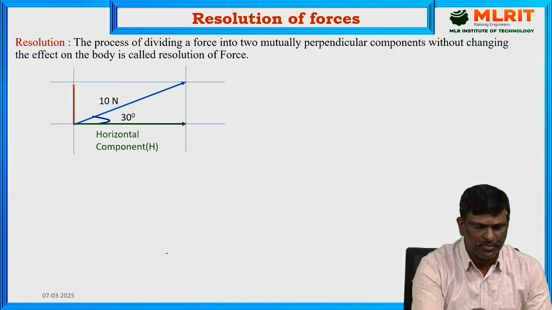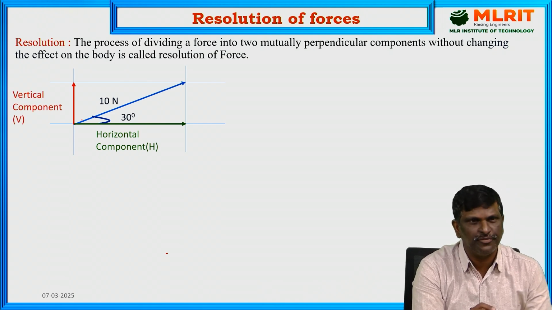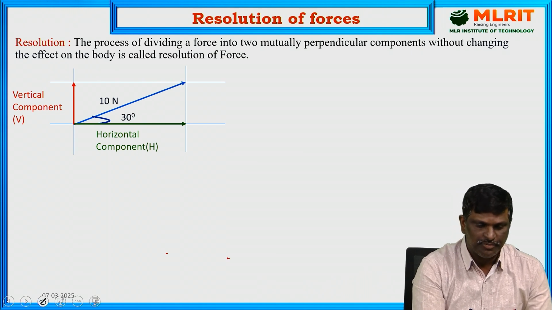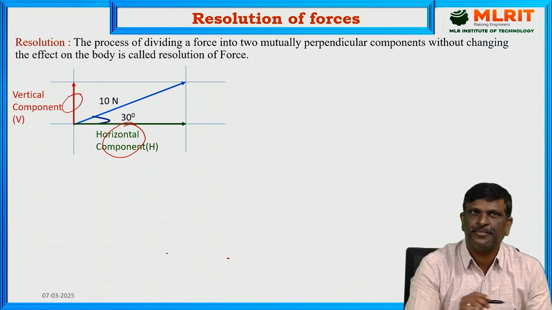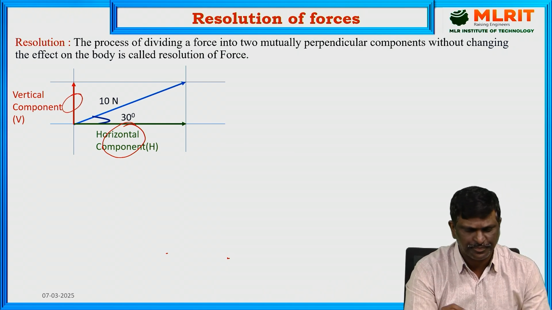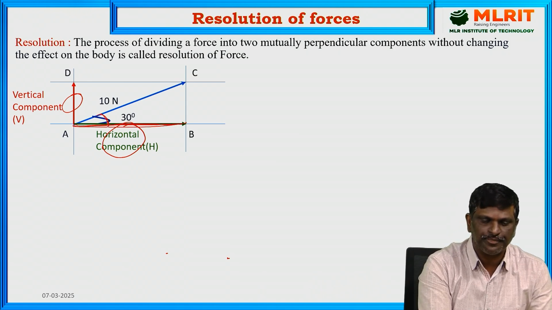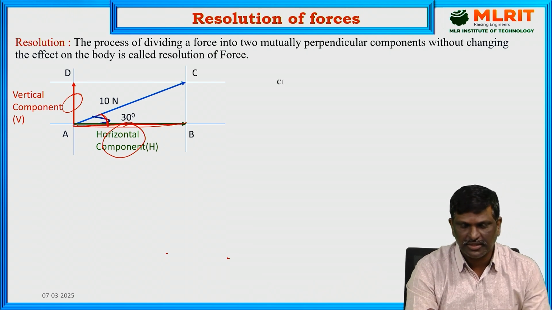So in this rectangle, the vertical side is the vertical component of the force and the horizontal side is the horizontal component of the force. Now let us calculate the length of horizontal side and vertical side. The horizontal side is adjacent to angle 30 degrees, so I will take cos 30.